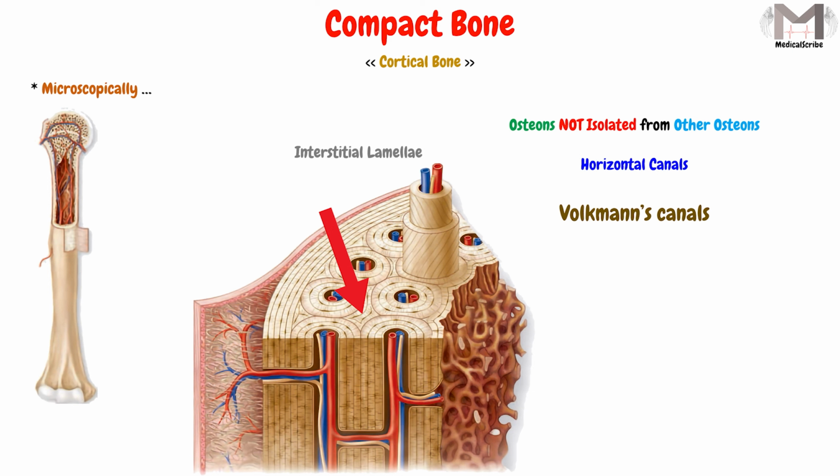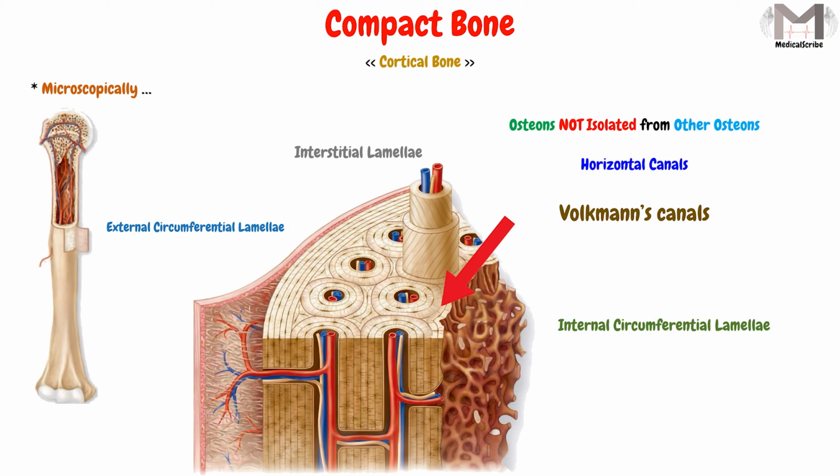Also, to the outside and inside of these columns, I mean close to the surface of the bone and close to the spongy bone, we have spaces too. Those spaces are filled with lamellae called the external and the internal circumferential lamellae.